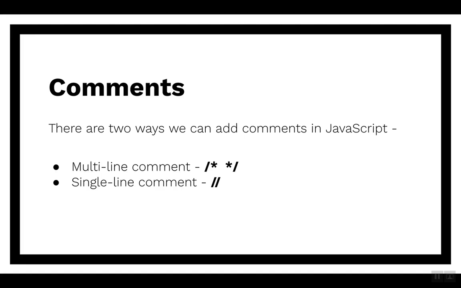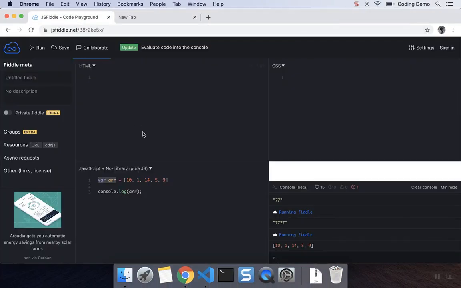All right, so comments. So the way we handle comments in JavaScript is by using single line and multi-line. So let's look at an example of each one of these. So if I say single line comment, so this is an array, and the multi-line comment can be, this is a multi-line comment.